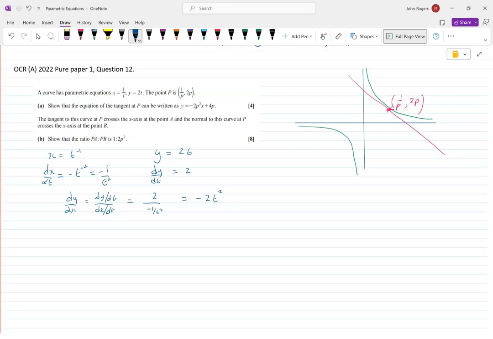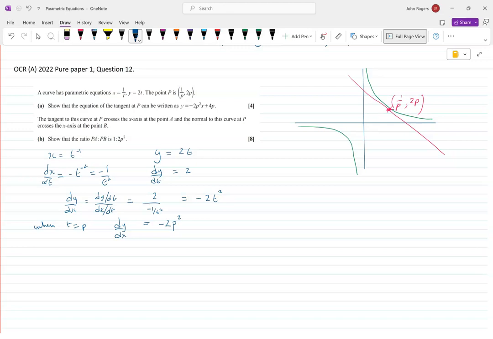That's the general case. We're going to use the particular case when t equals p for this particular coordinate. We've got dy by dx equal to minus 2p squared.